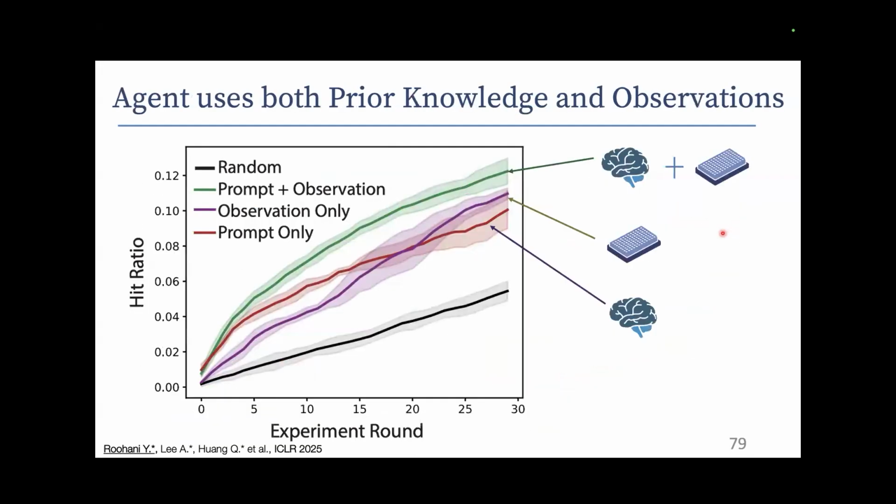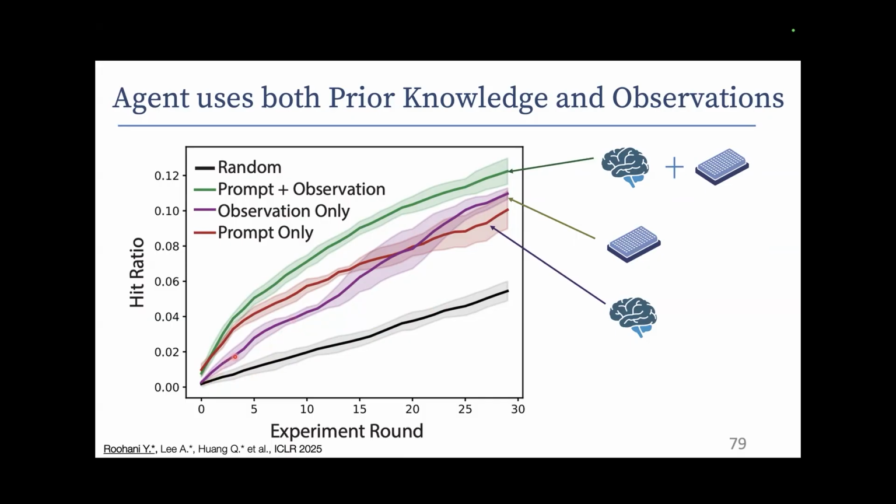And then when we do a bit deeper analysis, we actually find that these agents are able to make use of both the information that you provide as part of the prompt, as well as the experiments that they see. And so this is very encouraging. So for instance, here, the black line corresponds to a random baseline. The purple line corresponds to if you didn't tell the agent what you were doing and it just saw every experiment without any context.